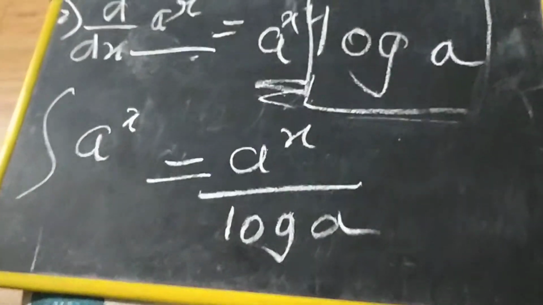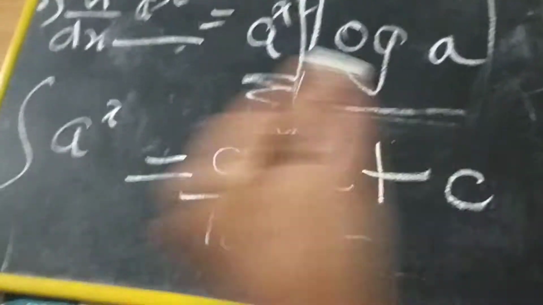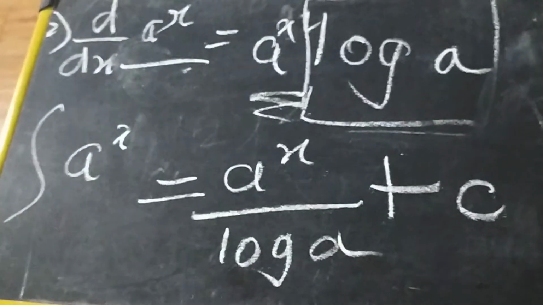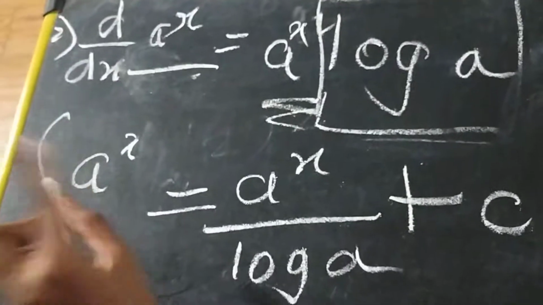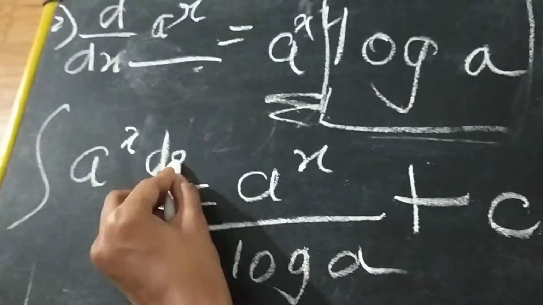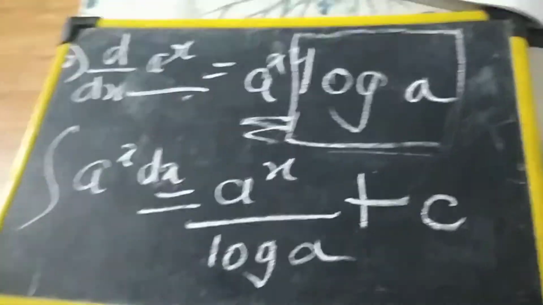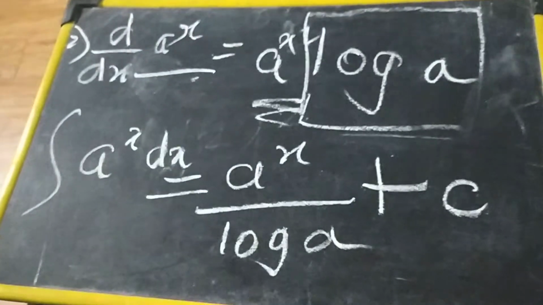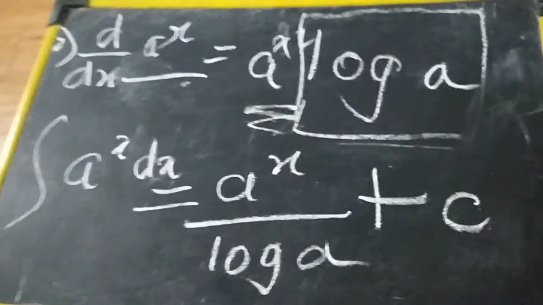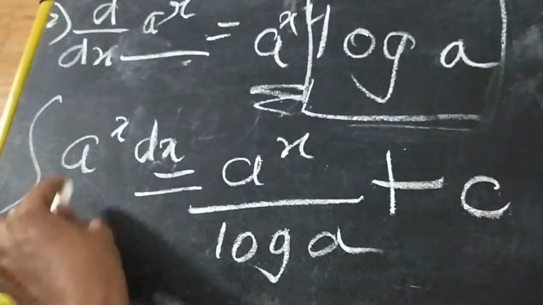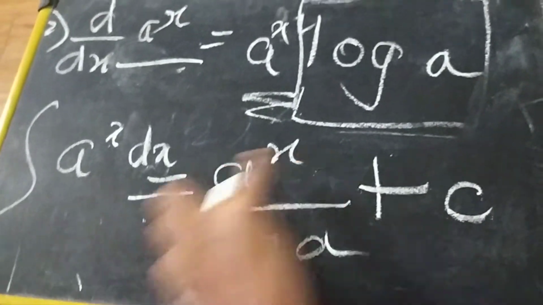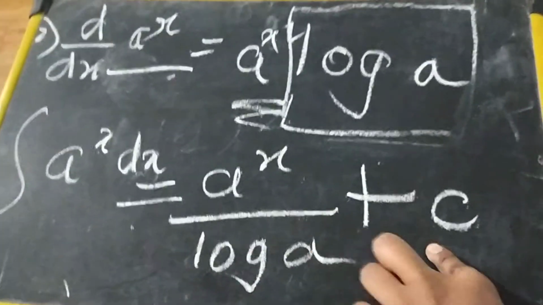You got your answer. Just add plus c. Done. Very easy. And yes, I forgot to write dx here. So this is your second formula: integration of a raised to x dx is a raised to x upon log a plus c.